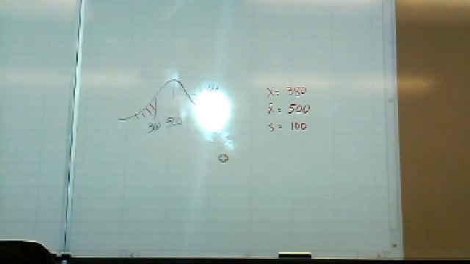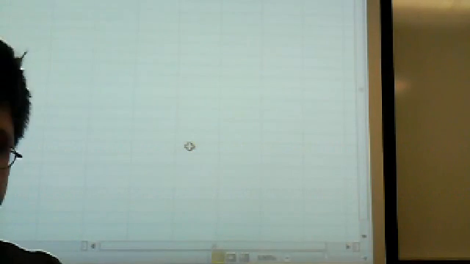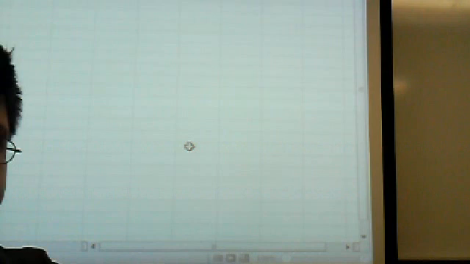Let me put the screen down so you can see what I'm doing. The score we said was 380. The mean was 500. And the standard deviation was 100, right?